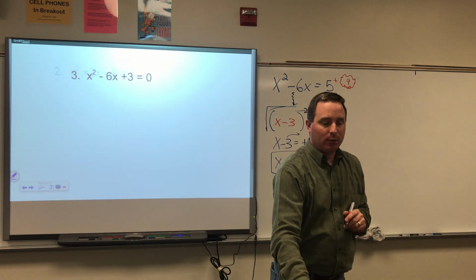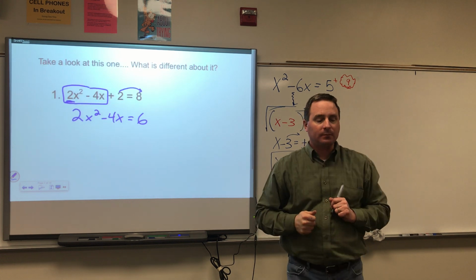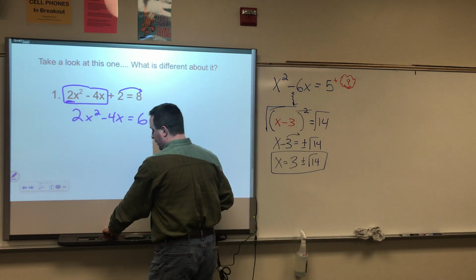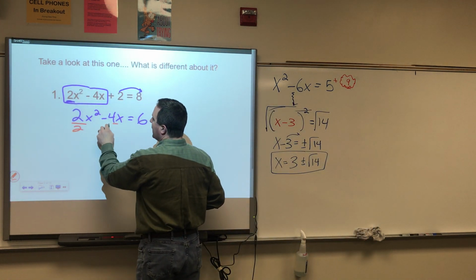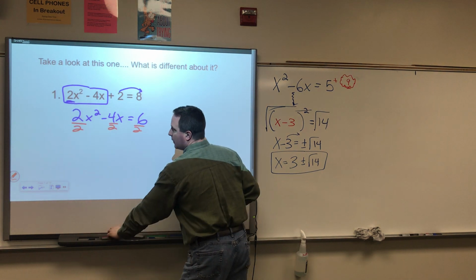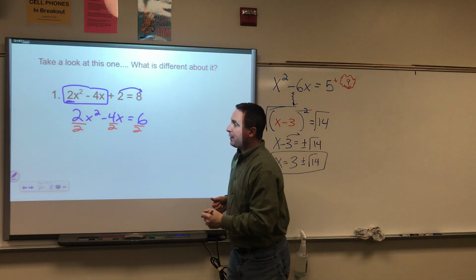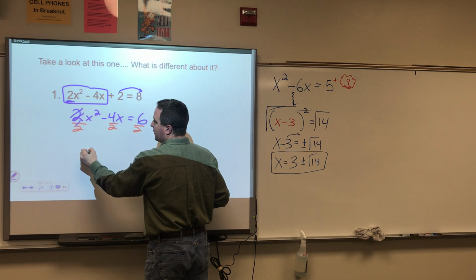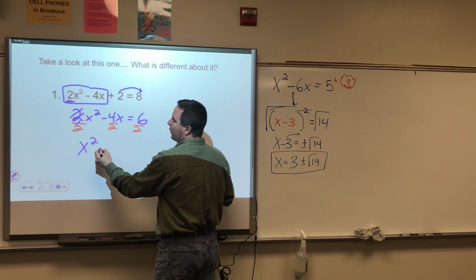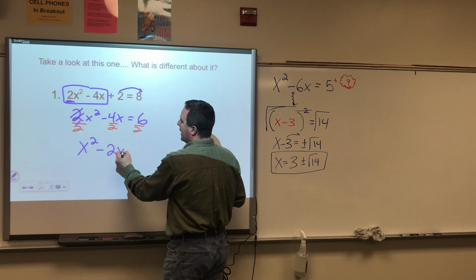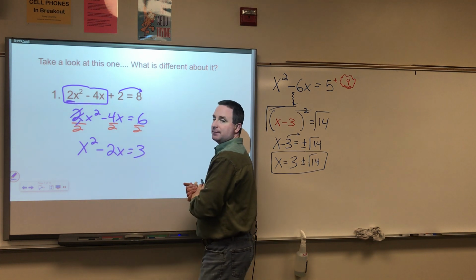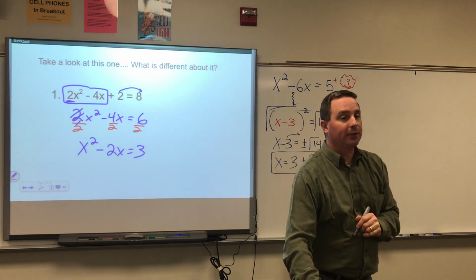Well, what do we do if it's not a 1? The way we get rid of this 2 here is we're going to divide everything by 2. I can do that as long as I do it to everything. There goes those. They go away. x squared minus 2x equals 3. Okay, now it's in the proper form.